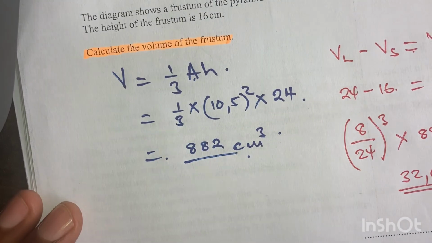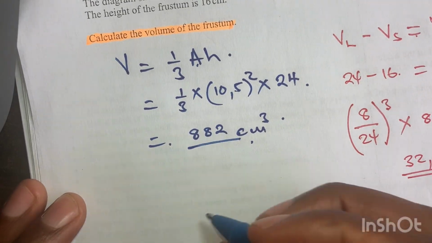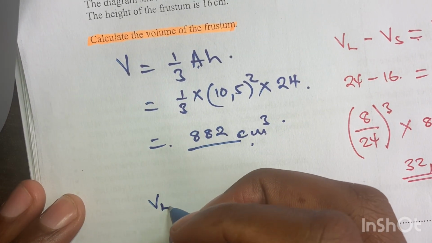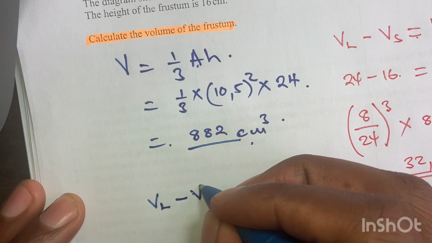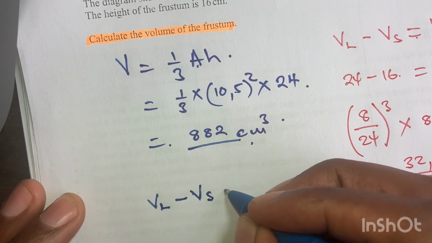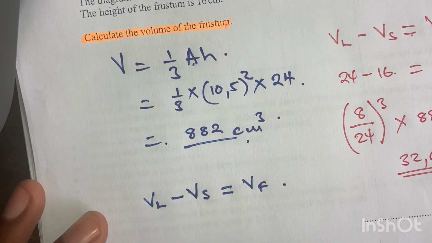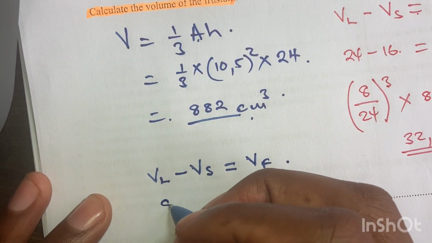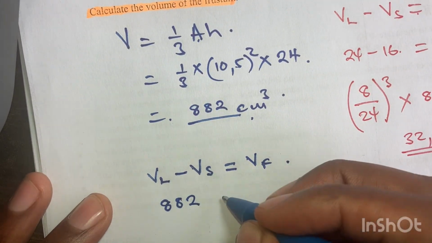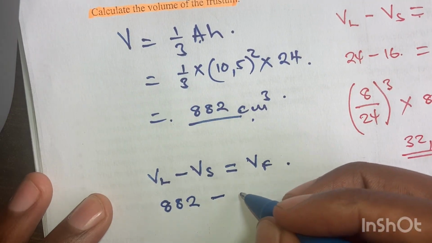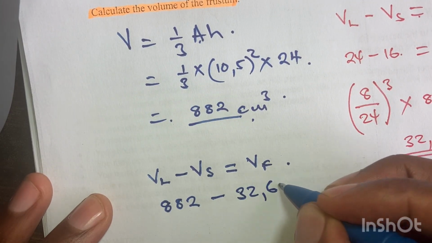So the volume of the larger pyramid minus the volume of the smaller pyramid gives us the volume of the frustum. The volume of the larger pyramid is 882 minus 32.67.